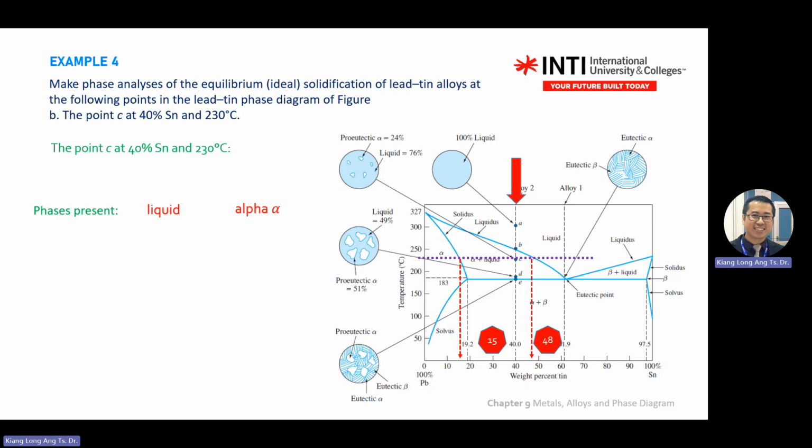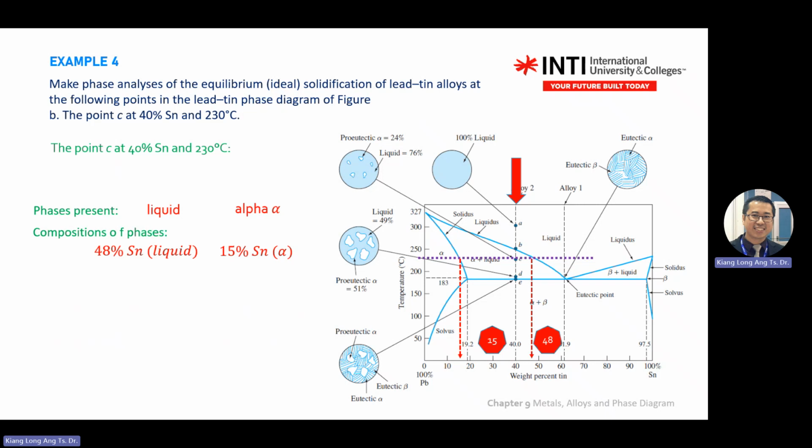At this point, liquid and alpha, you write two phases, liquid and alpha. For the composition, how many percent Sn in alpha and in liquid? Read from this point. This is alpha. This is liquid.